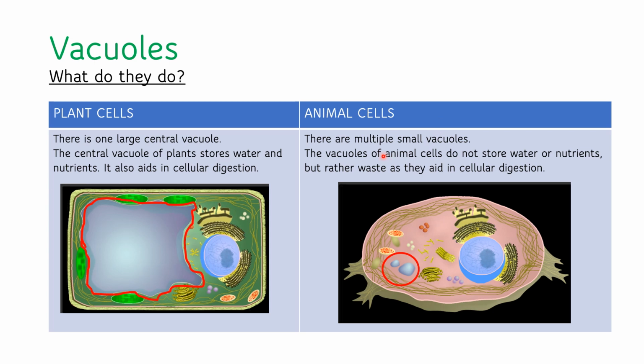For animal cells, we have multiple small vacuoles. They do not store water and nutrients, but rather just waste, as they aid in cellular digestion. So one large vacuole in plant cells, and multiple small vacuoles in animal cells.